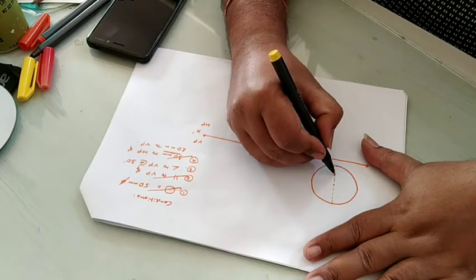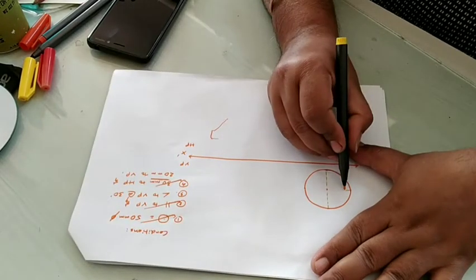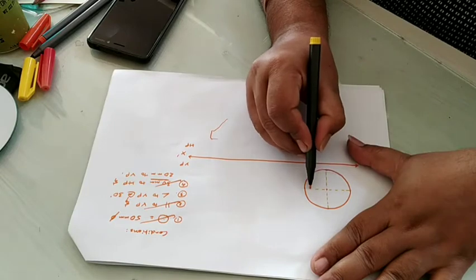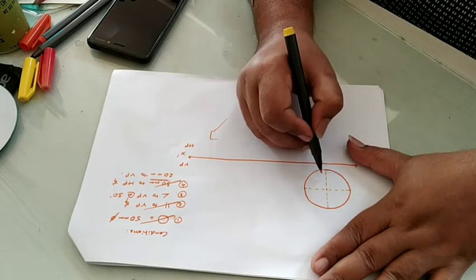So you have this. Now it is divided into 4 equal parts.